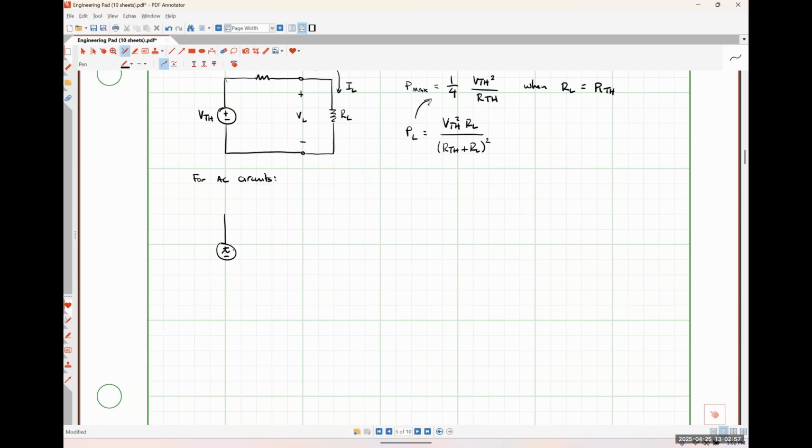Let's say that this is now some phasor Thevenin voltage. This is now my Thevenin impedance, ZTH, and I'm going to connect to this electrically equivalent representation of a circuit some load impedance, ZL.